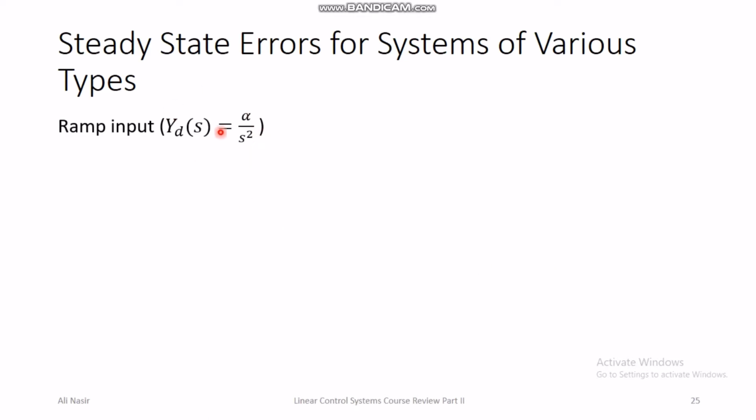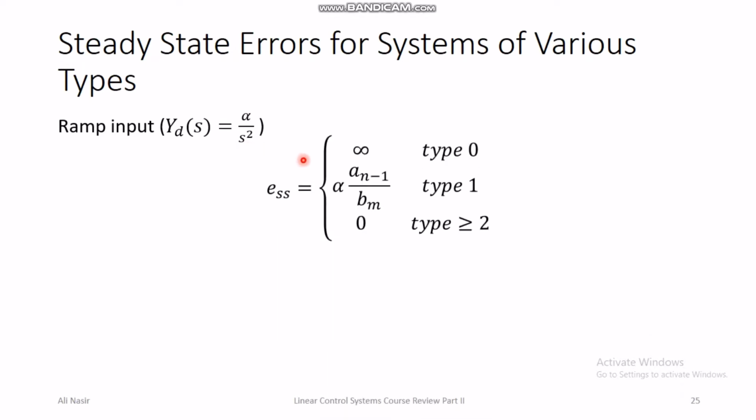The transfer function of ramp input is alpha over s square. Then the steady state error of a type 0 system is infinite for ramp input, and for type 1 systems the steady state error is alpha times the coefficient of s in the denominator, which is a_{n-1}. So remember, in the general form of the transfer function, a_n is the constant coefficient in the denominator and b_m is the constant coefficient in the numerator.